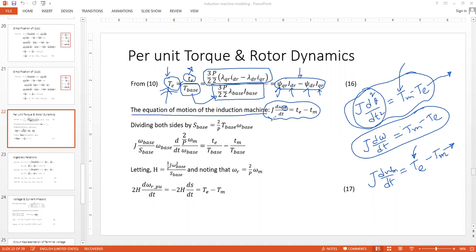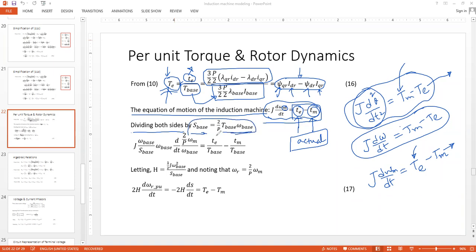Now this is actually in actual quantities, because you can clearly see that this Te is a small letter, Tm is a small letter. So the electrical torque Te and the mechanical torque Tm are all in actual quantities. If you want to take all of them in per unit form, you have to divide by the base power, and base power S base is 2 over P, T base omega base.